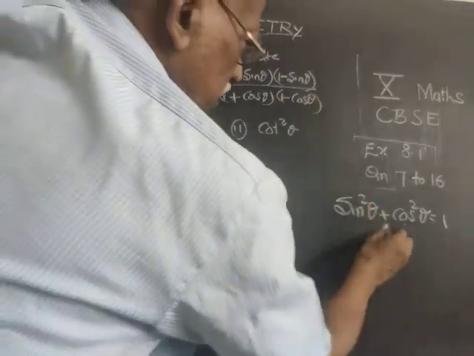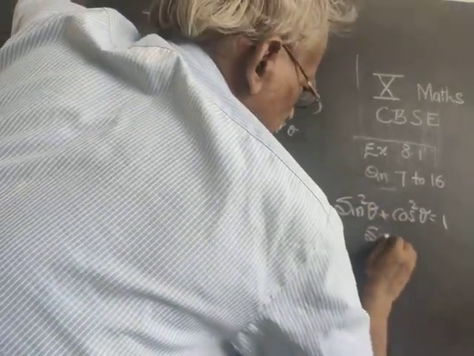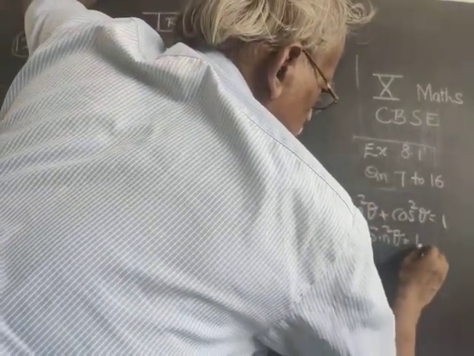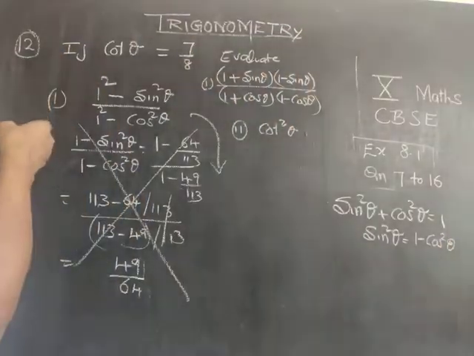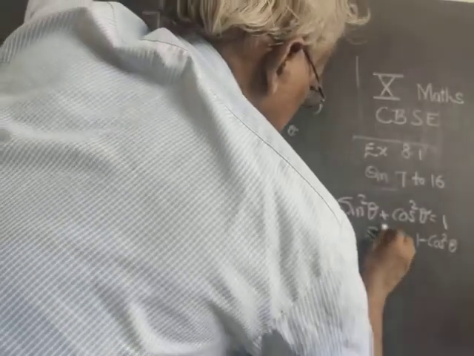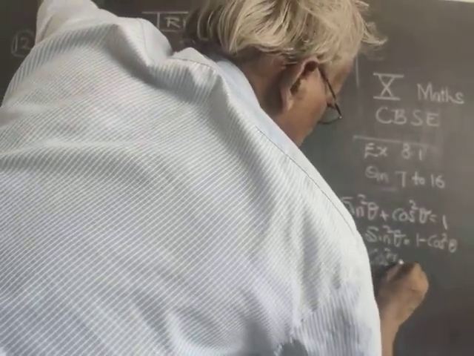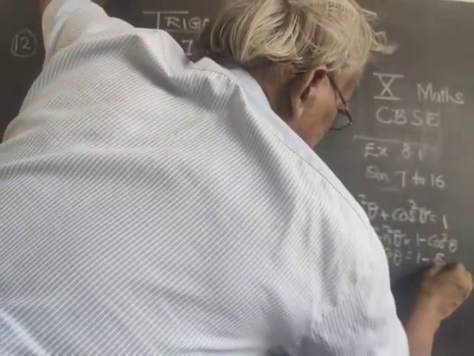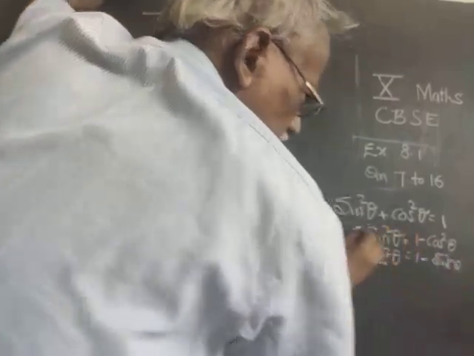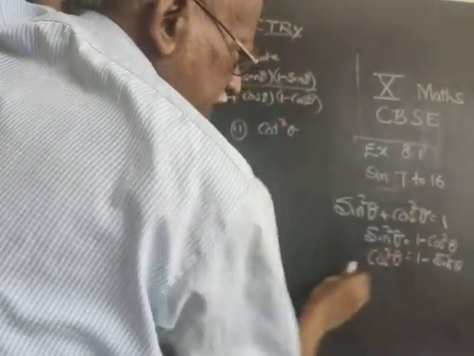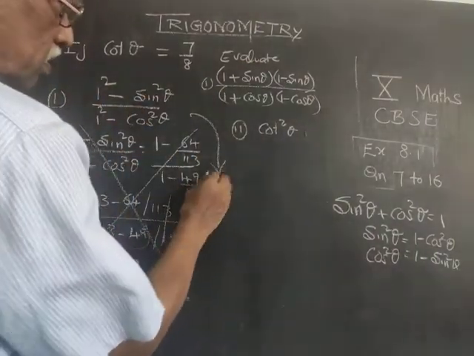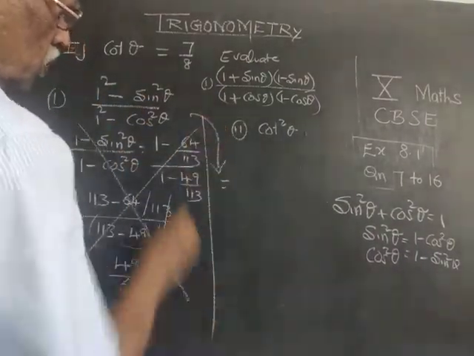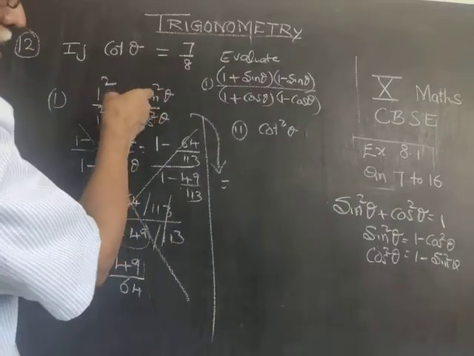What is sin square theta? Sin square theta becomes 1 minus cos square theta. And what is cos square theta? Cos square theta is 1 minus sin square theta. Is it not? Cos square is 1 minus sin square, sin square is 1 minus cos square. You have 1 minus sin square in the numerator.